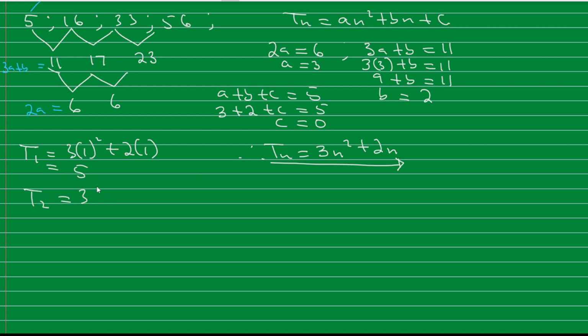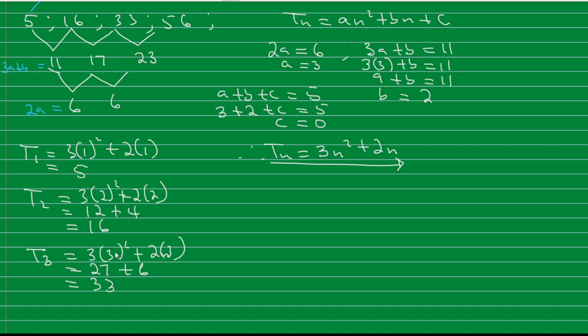T2 is 3 times 2 squared plus 2 times 2, position 2. 2 squared is 4, 12 plus 4, that will give us 16. T3 is 3 times 3 squared plus 2 times 3. 3 squared is 9 times 3, 27 plus 6. That will give me 33.